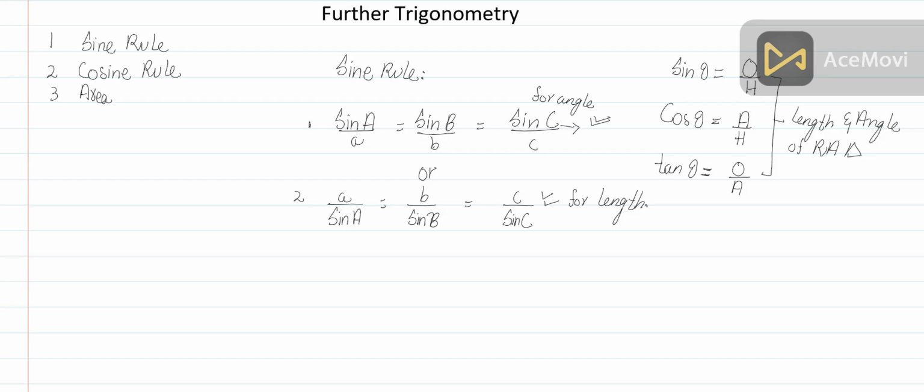Now there are two conditions in which we use the sine rule.